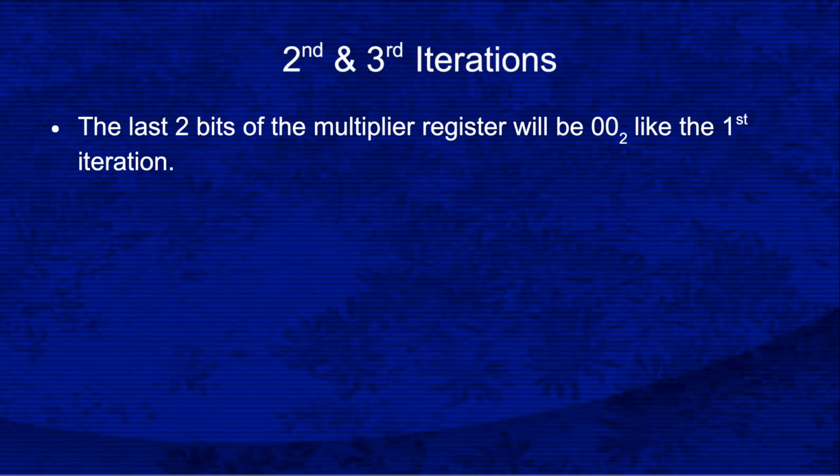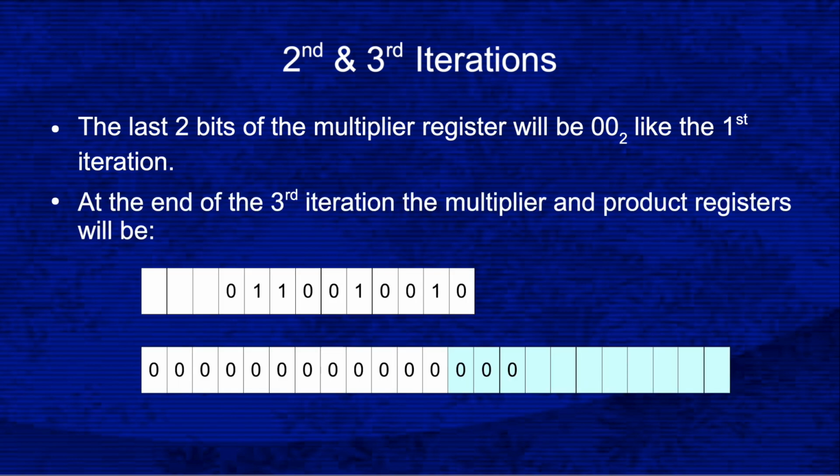You should be able to see that for the second and third iterations of Booth's method, the last 2 bits of the multiplier register will be 0. So like the first iteration, we only perform a right shift on both the multiplier register and the product register. After iterations 2 and 3, the new multiplier value is 011, 001, 0010.